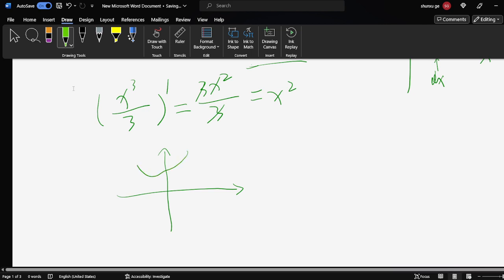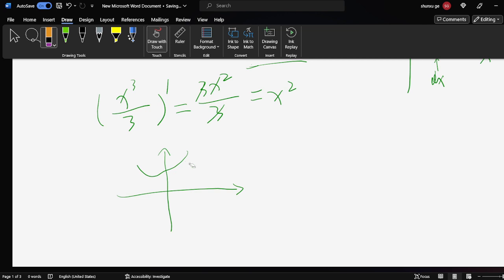Okay, x cubed, how to write this? When x equals 0, it is 0. When x equals 1, y equals 1 over 3.